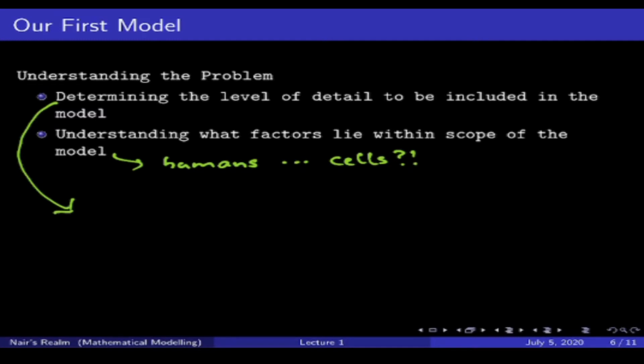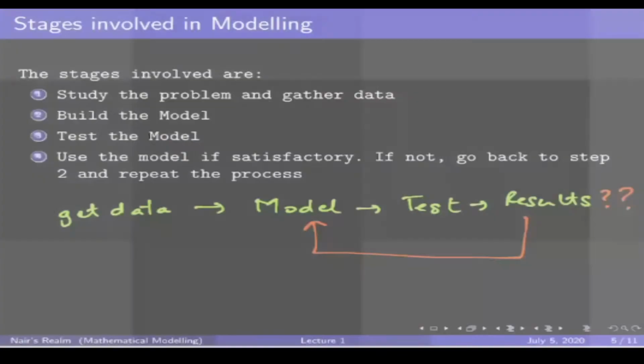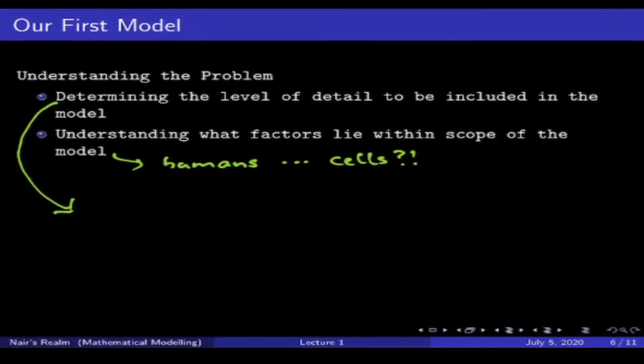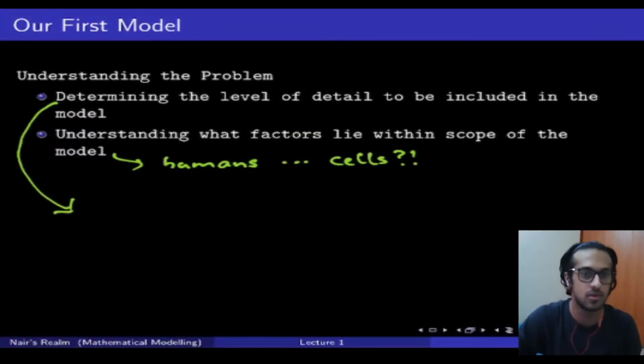I may be neglecting some factors and losing some level of detail, and that's okay. But it's important to establish that at the very beginning, so that once you reach your results, as I was explaining in the previous slide, and realize that maybe your results are not good enough, you can come back to the model and change some of the assumptions you made. That's what I was trying to explain.